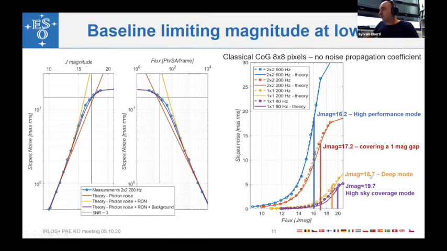These are the two main modes we want to offer for unresolved targets, plus the potential for a high sky coverage mode. The purple curve is an 80 Hz mode.